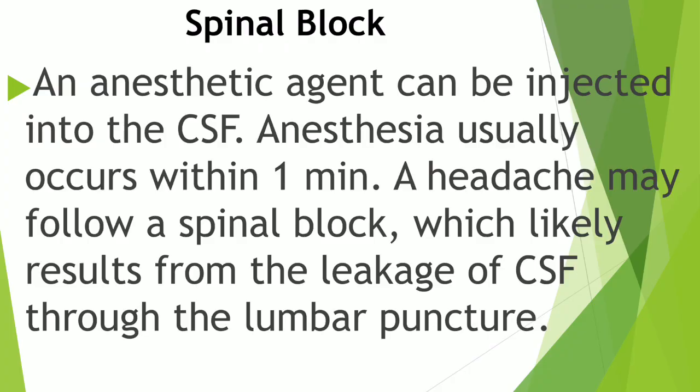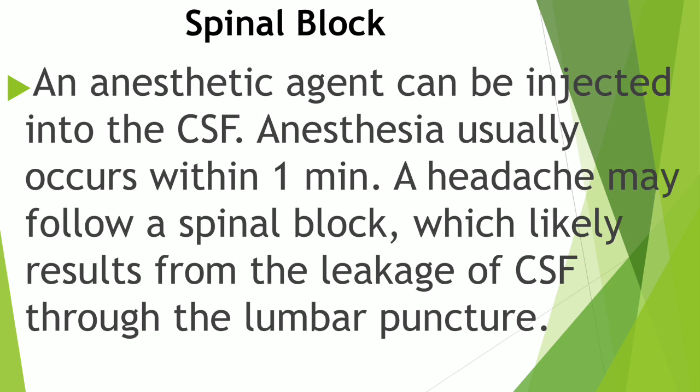When you do that, what happens? Anesthesia occurs within a minute. At times you might have a headache with a spinal block. This is as a result of leakage of cerebrospinal fluid through the lumbar puncture. So as your needle is going in, you are injecting this anesthetic agent, and some cerebrospinal fluid might leak in the process.